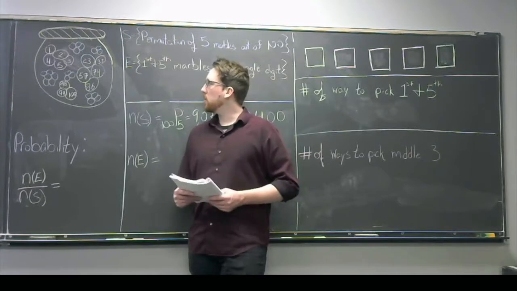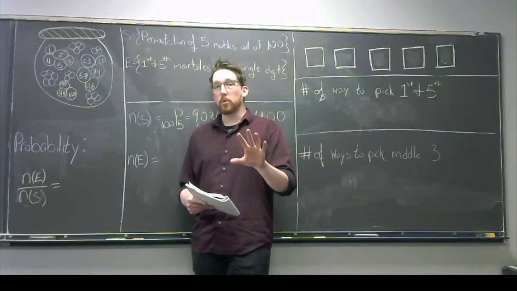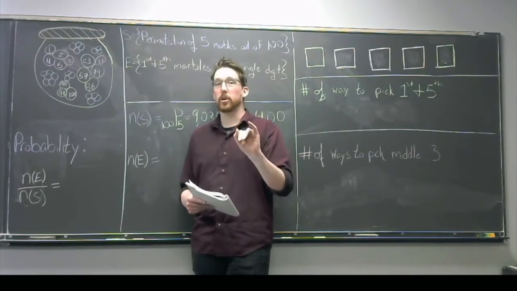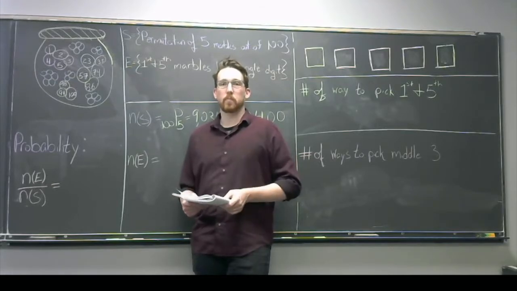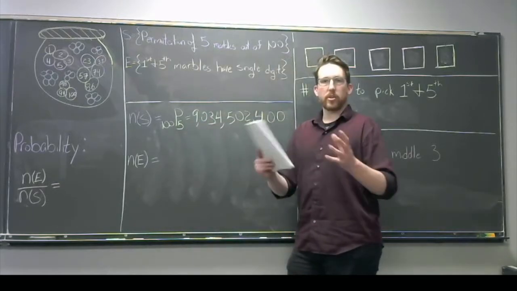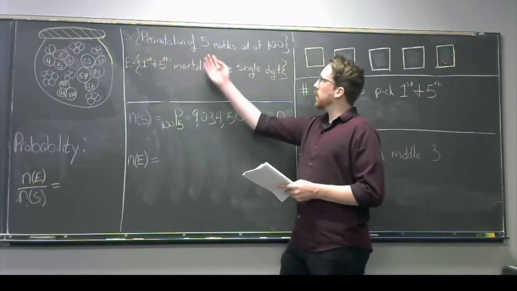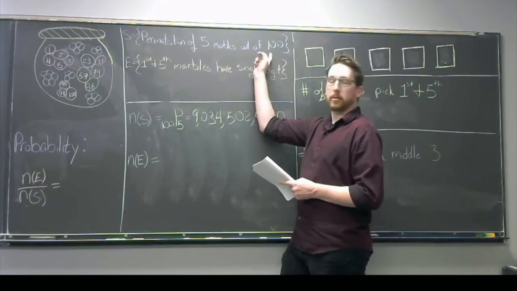We want to answer the question: what is the probability of pulling out 5 marbles such that the first marble has a single digit on it, and the last marble has a single digit on it? If that is the question, then our sample space is going to be the space of permutations of 5 marbles out of 100.